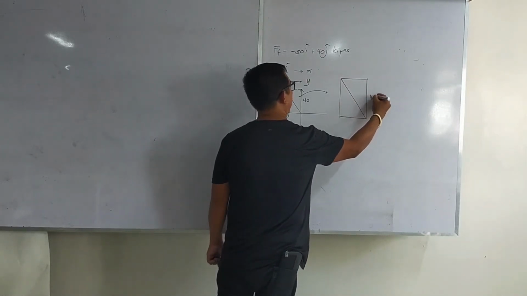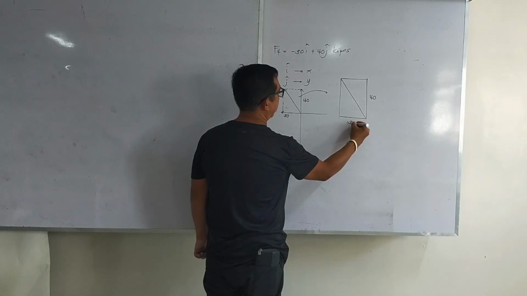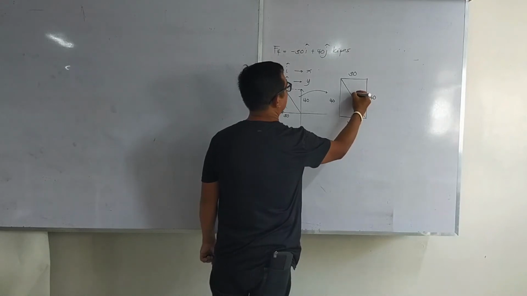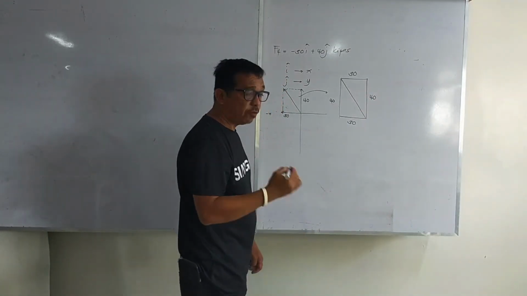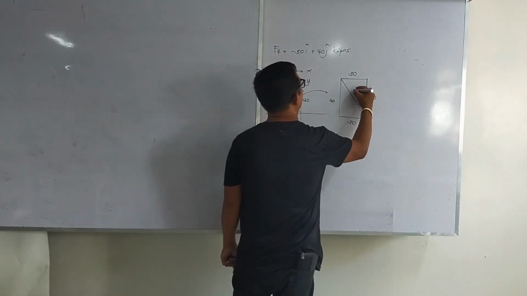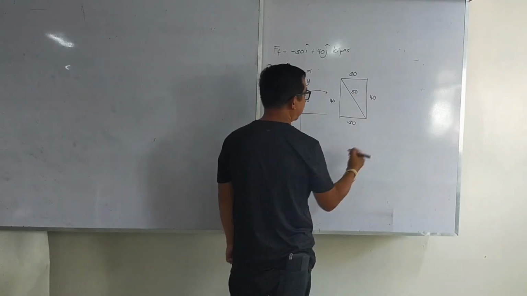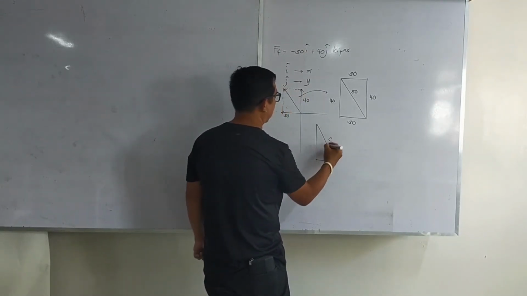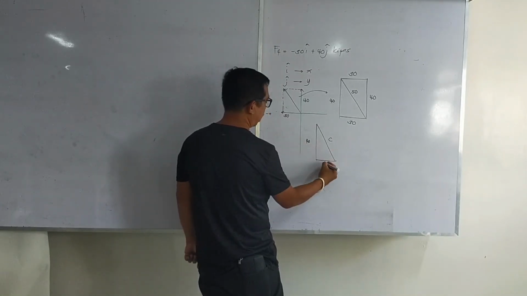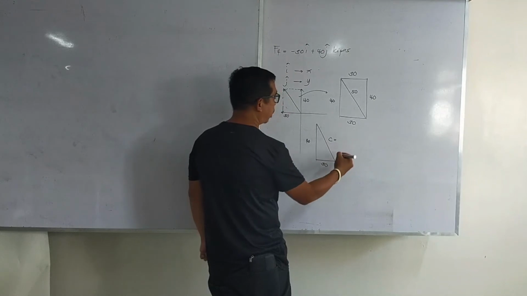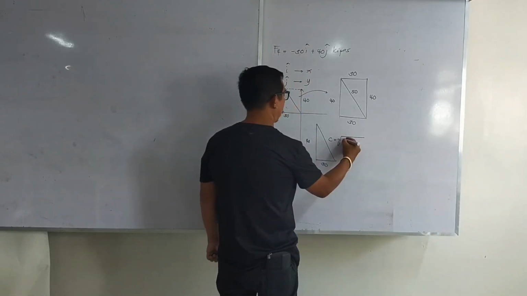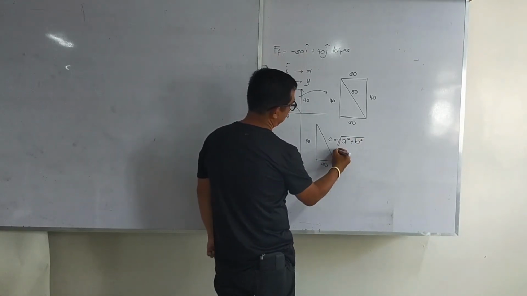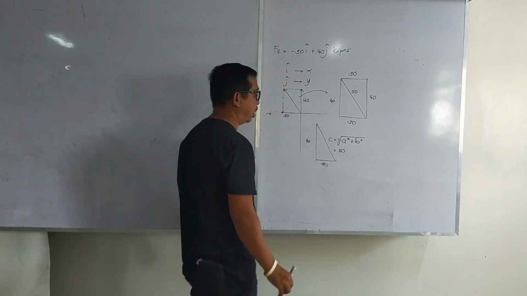This is your 40, this is 30, this is 30, this is 40, and using Pythagorean, we can have this as 50. Why is that? Because solving for the hypotenuse C, if one of the sides is 40 and the base is 30, being a right triangle, we have it as extraction of the sum of the squares of A and B. So this will lead you to getting 50.